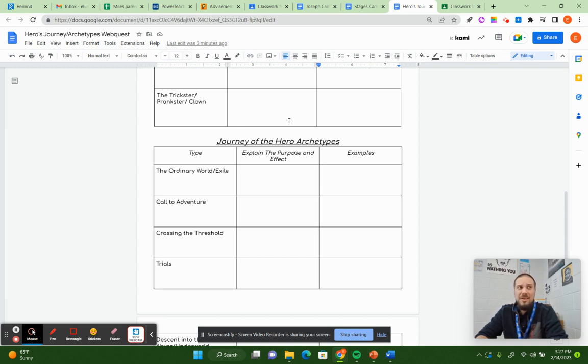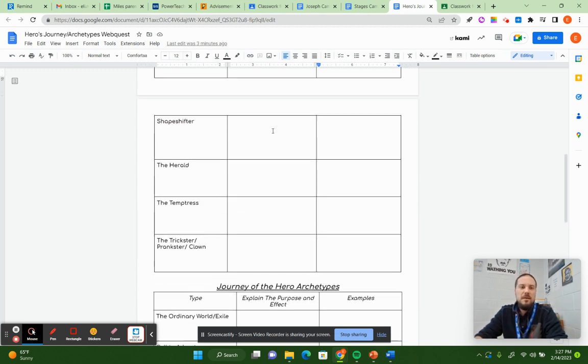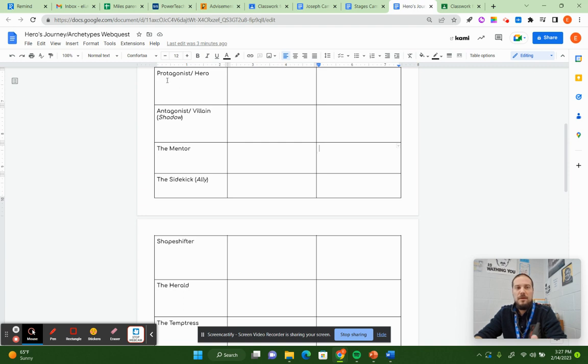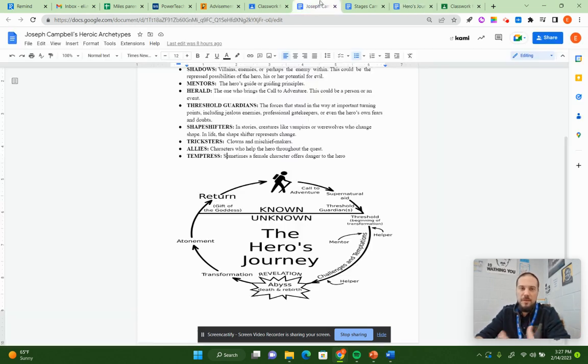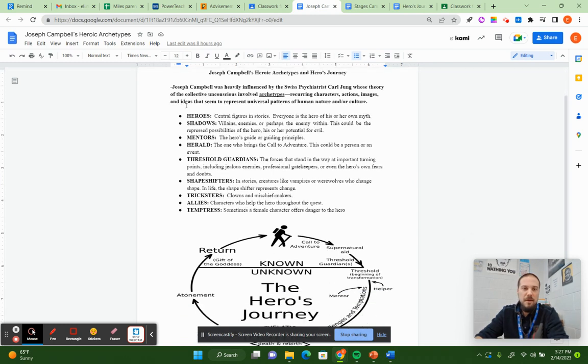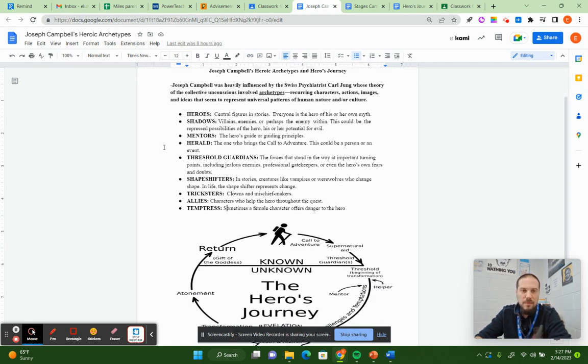You can think about pretty much any movie or book or TV show, and you can probably find characters that fit the archetypes of the protagonist, the mentor, the ally or sidekick, the shapeshifter, the temptress. And so to figure out what these archetypes mean, you have this sheet, which explains what each of these archetypes are meant to do and what their functions are in a story.